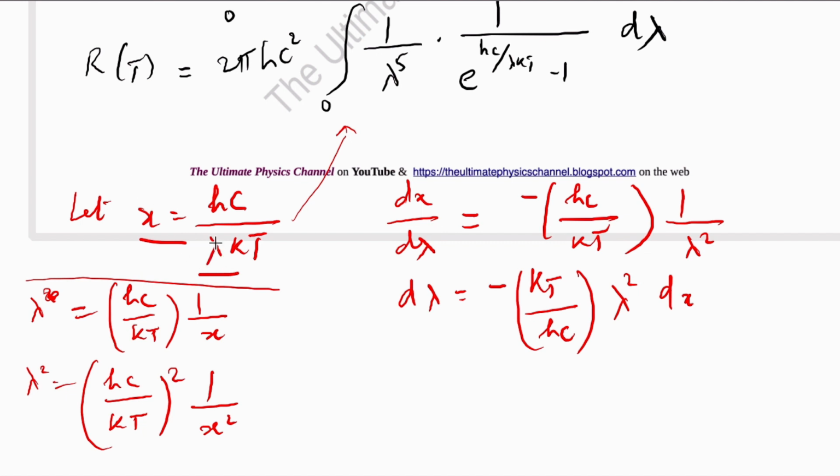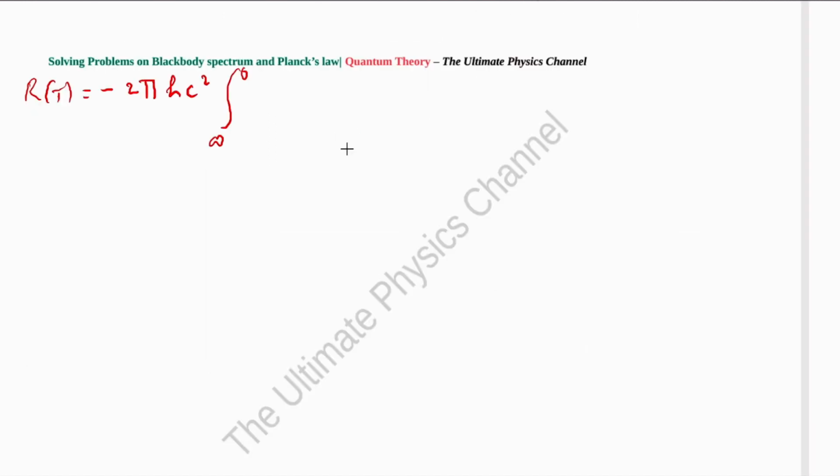This limit swapping causes the negative sign, which can later be changed to positive by changing the limits again from 0 to infinity. Right now, simply because of the variable change, we have a limit change as infinity to 0.